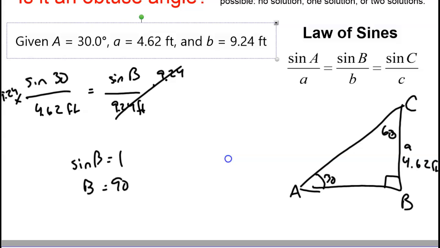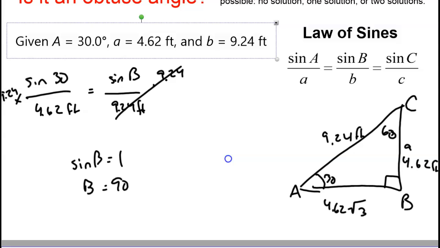So that would be 4.62 times the square root of 3, and it gives us that the hypotenuse is 9.24 feet. And so we can figure this number out if we want it in feet.